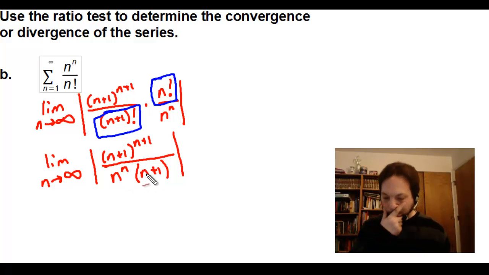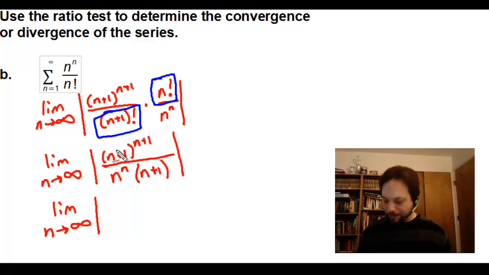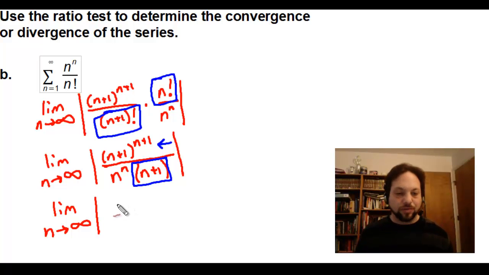Now the question is, what's going to happen to this as n approaches infinity? Before we get to that, I think we can simplify this just a little bit more. Notice that we have a whole bunch of n plus 1s floating around here. What's going to happen to this term here in the numerator and this term in the denominator if I were to expand and write all this out?